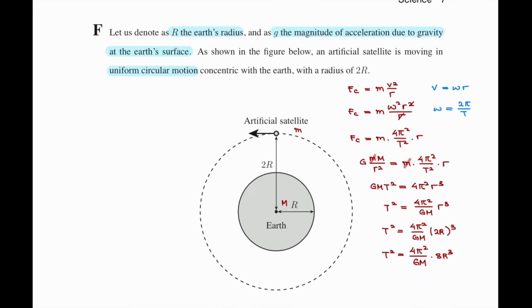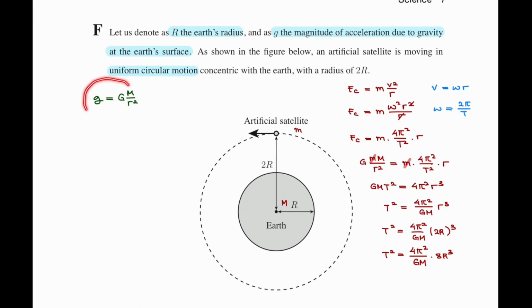Acceleration due to gravity, or g, can be calculated by using the equation G M over R square. This is the gravitational field strength. This R is the distance at the Earth's surface, because they already tell us g is the magnitude of acceleration due to gravity at the Earth's surface.